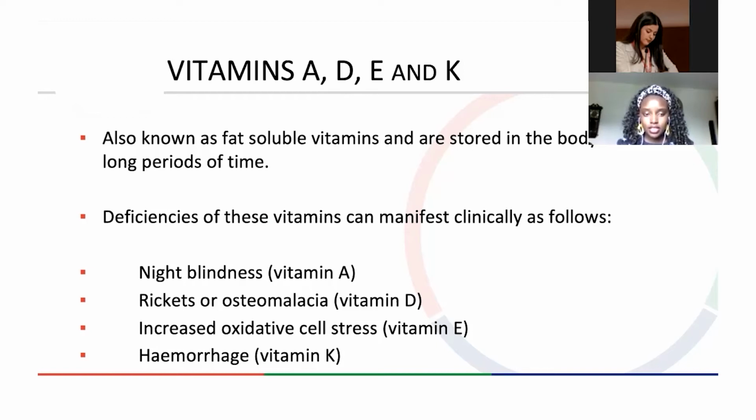For vitamin D, we'll tend to have rickets, mainly in children, or osteomalacia, which is the softening of bones. For vitamin E deficiencies, you tend to have more oxidative stress, which means the mechanisms in the way the body is working are slowed down. And for vitamin K deficiencies, most of the time patients will present with hemorrhage, which is excessive bleeding.